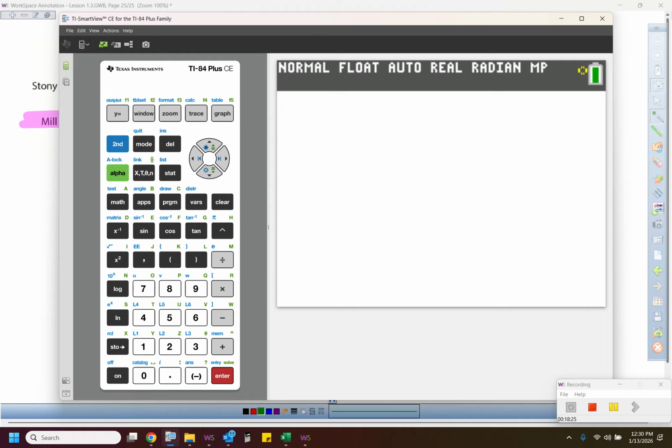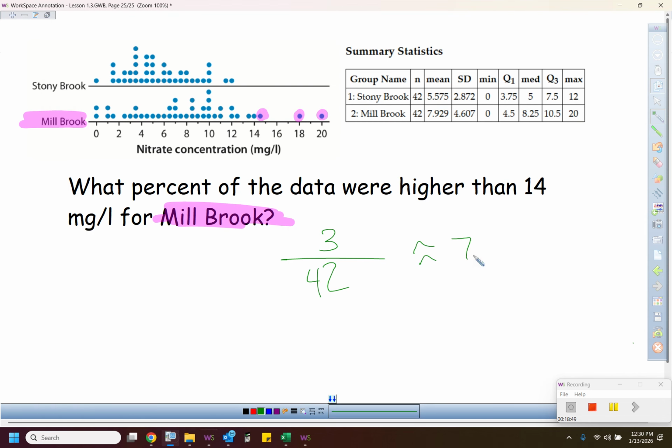So I move it 2 places to the right to get 7 point, and then I have to see if I keep this a 1 or round it up. Since this 4 right here is not bigger than 5, it's going to be about 7.1%. About 7.1% is what I think.